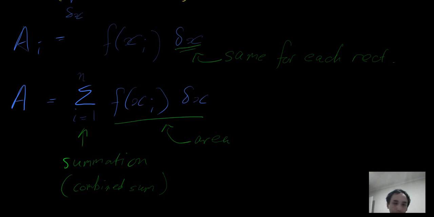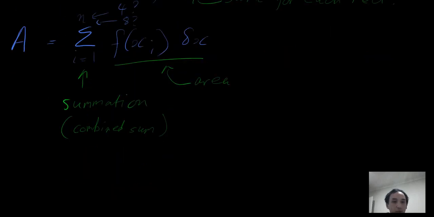But what about this n over here? Well, we want this n to be as large as possible. So instead of this one being 4 or even 8, how about we make it an extremely large number? And for that, we're going to say the area is actually the limit of n approaching infinity.